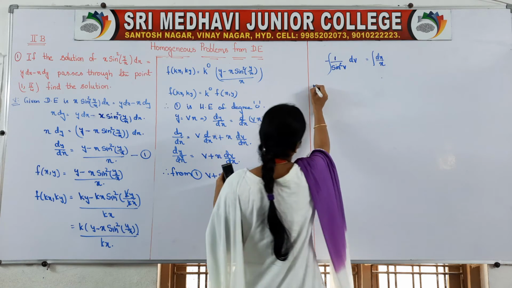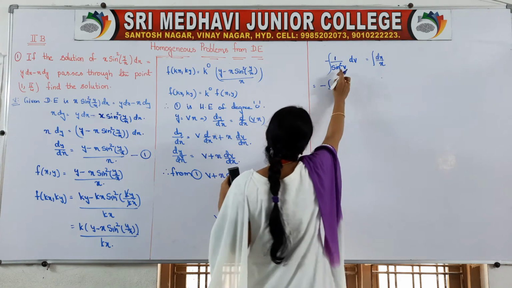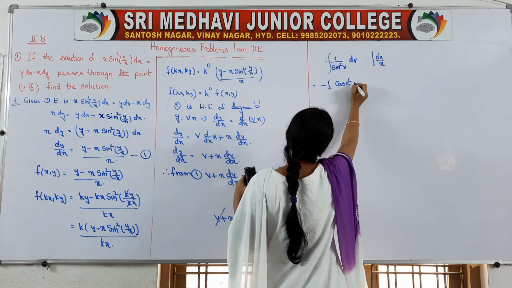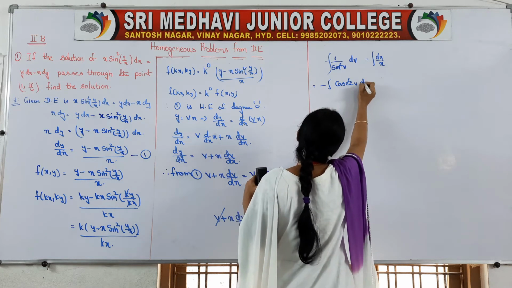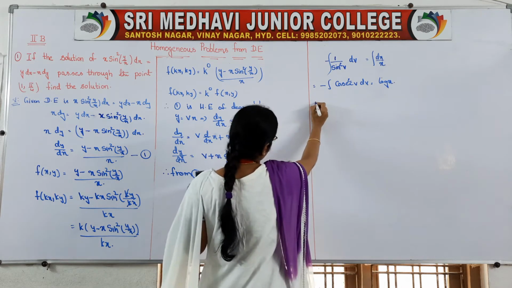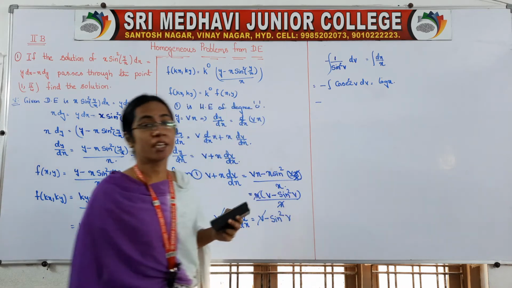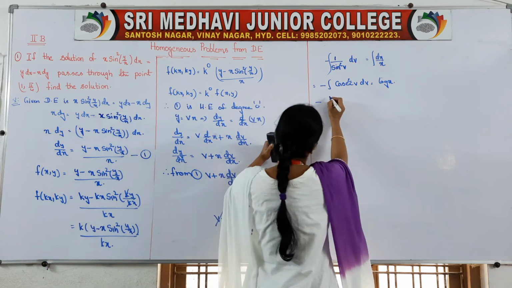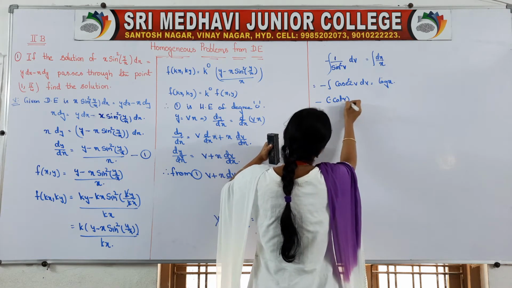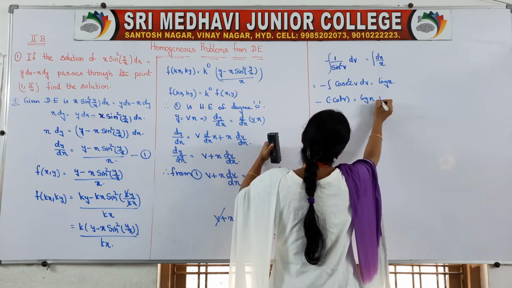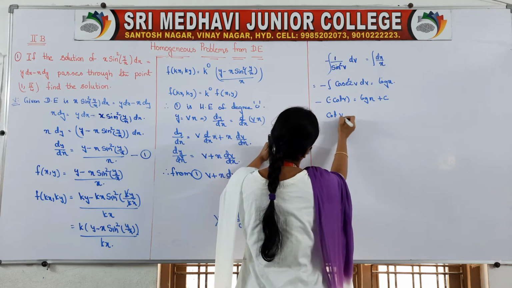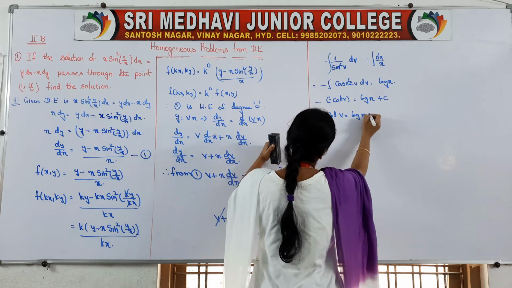So it is minus, 1 by sine is cosec, sine square is there, so it is cosec square v into dv is equal to log x. And the integral of cosec square v is minus cot v. So it is minus cot v is equal to log x plus C.